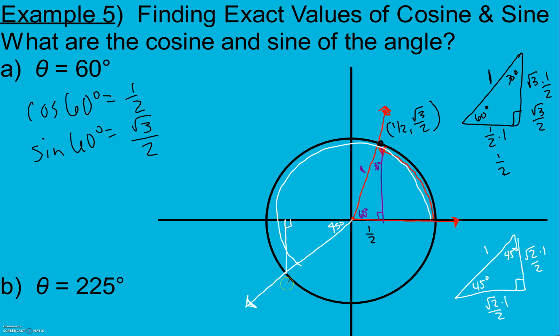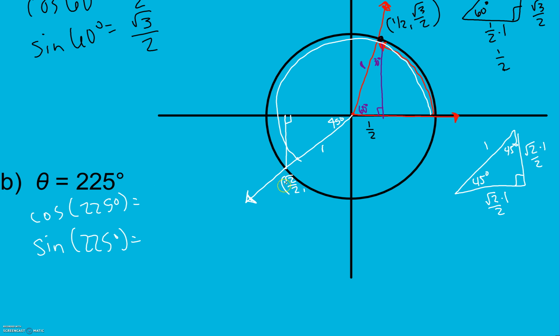So this point right here is going to be negative square root of 2 over 2 and negative square root of 2 over 2 because we're in the third quadrant. In the third quadrant, both our x and our y are negative.